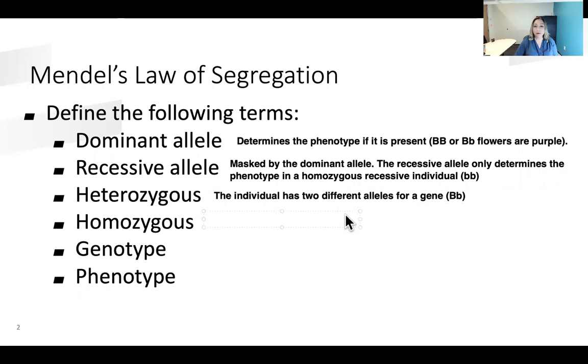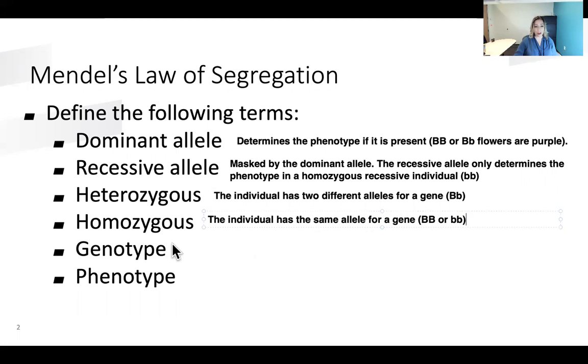Homozygous, the individual has the same allele for a gene. Now, it could be big B, or little b. So for homozygous, you can specify homozygous dominant, homozygous recessive.